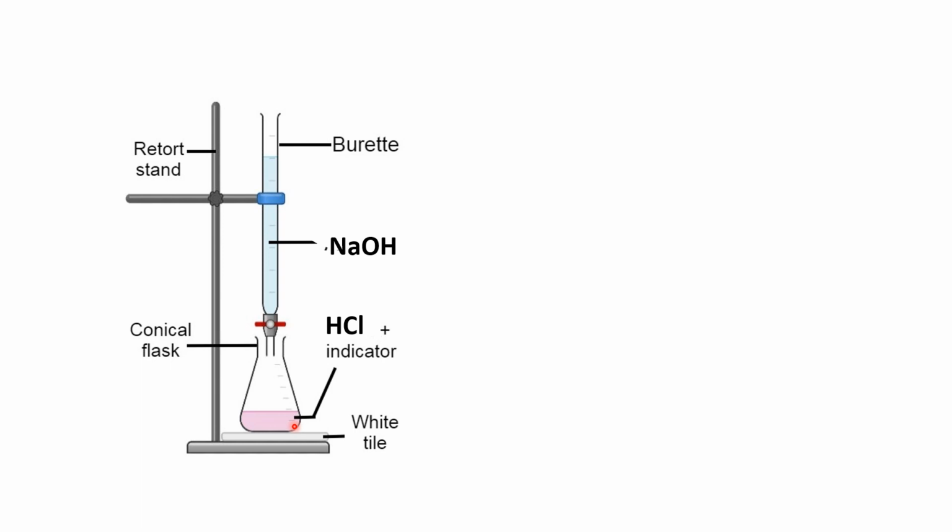I told you in acidic medium indicator shows no color, it's colorless, and in basic medium it shows you pink color. So what about the neutral point? At neutral point again it is colorless. So the equivalence point has been reached but you cannot see. This is called the equivalence point.